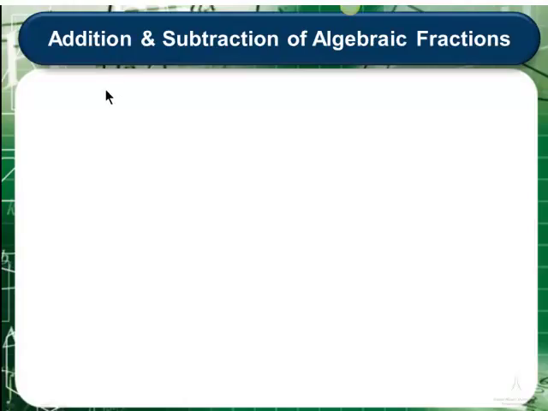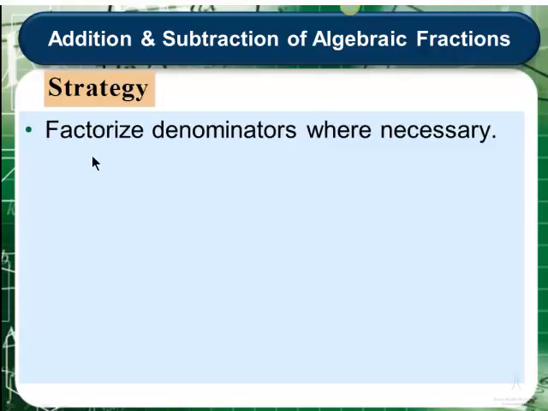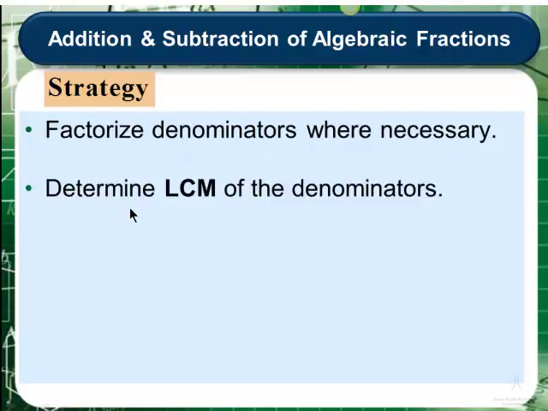We will now consider a strategy for adding or subtracting algebraic fractions from each other. Let's have a look at this strategy. First of all, first step would be to factorize all the denominators where necessary. Secondly, you have to determine the lowest common multiple of each of these denominators of the given algebraic fractions.